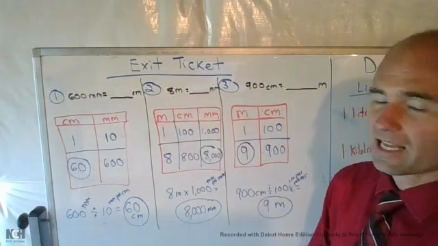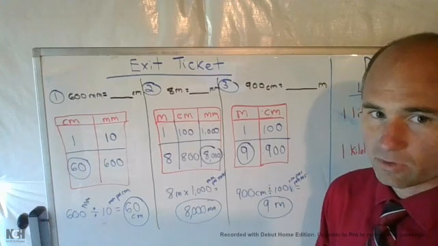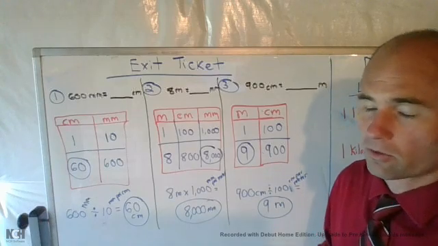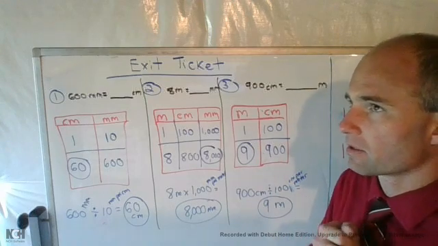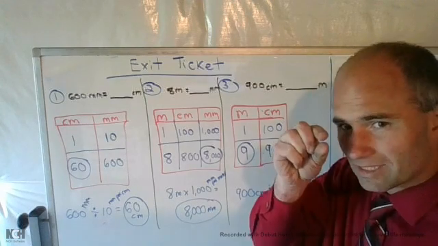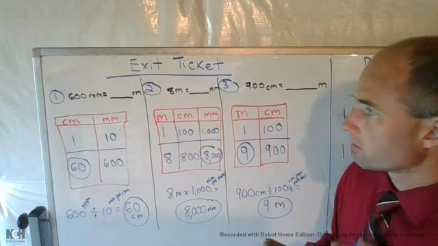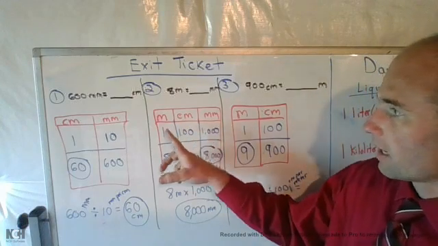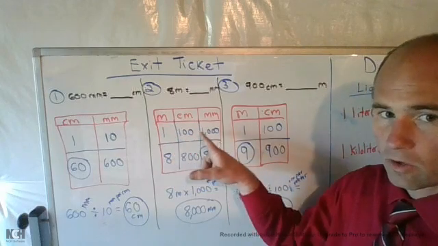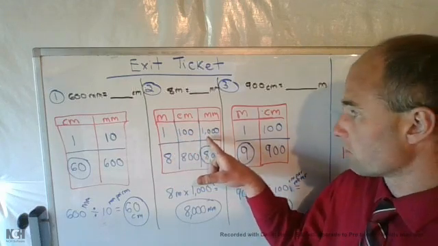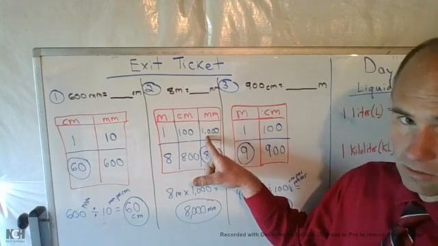Next we have 8 meters equals how many millimeters? Okay? So, I know 1 meter equals 100 centimeters, which also equals 1,000 millimeters.